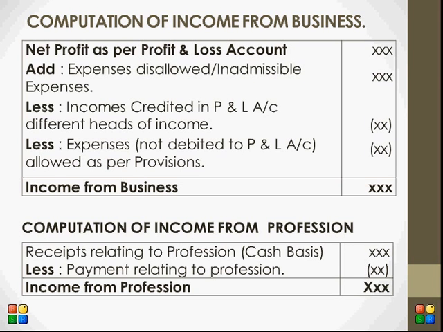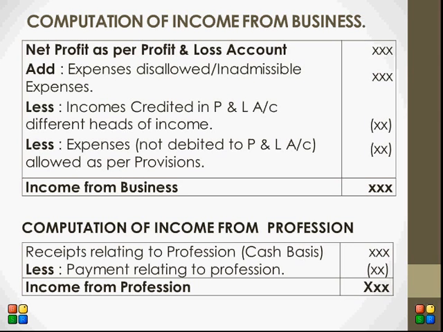That means if the money is receivable, that will not be counted here, but whatever is already received will be counted here. So receipts relating to the profession, whatever he earns in cash, we need to put here, less payments related to the profession.